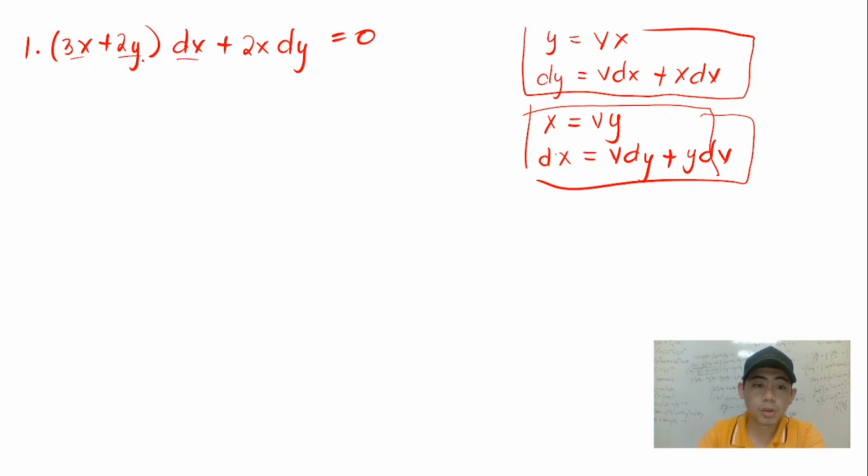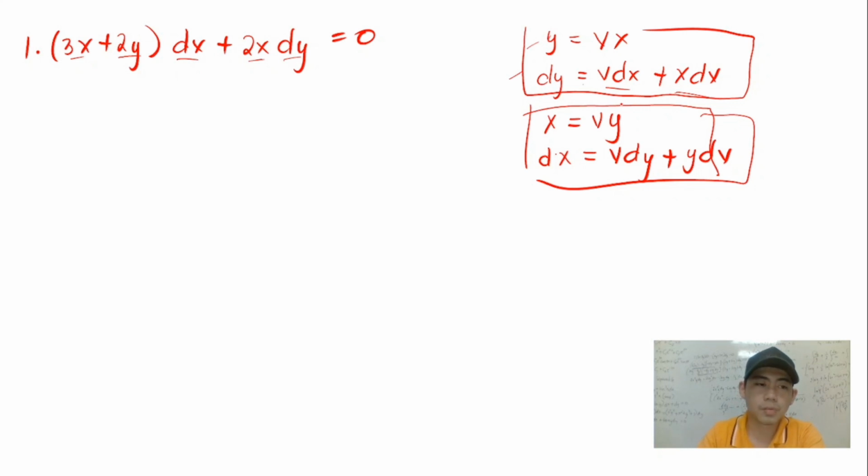Sa dy naman is meron lang isa, which is si 2x lang. So, mas madali kung si y equals vx ang gagamitin natin, kasi si 2x lang ang imumultiply sa derivative ni y, which is the v dx plus x dv.